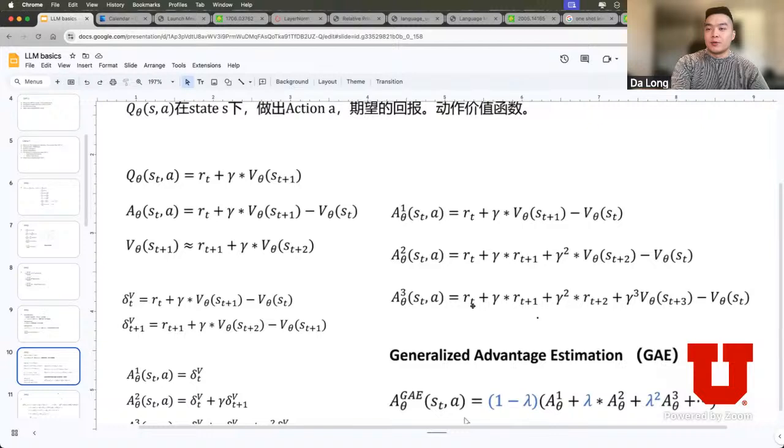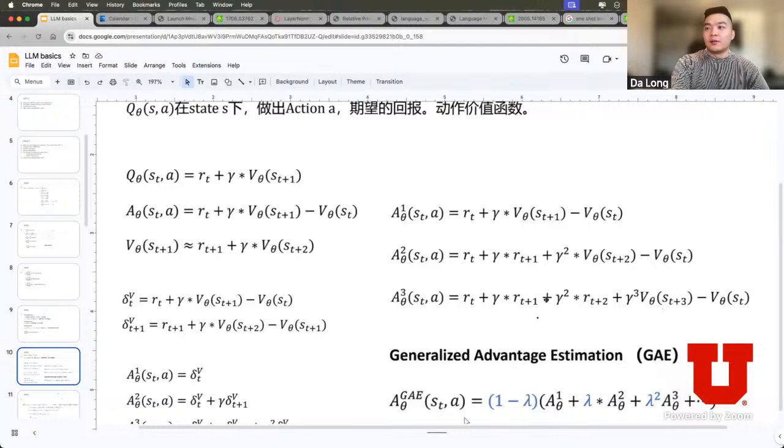It's just like we expand the advantage function with more immediate rewards. So for A1, we incorporate the rewards at T, for A2, we incorporate the rewards at T plus 1, and for A3, we incorporate the rewards at T plus 2, like this one.